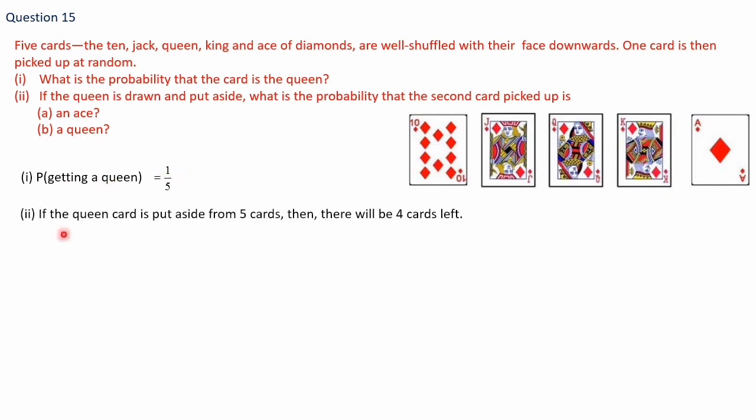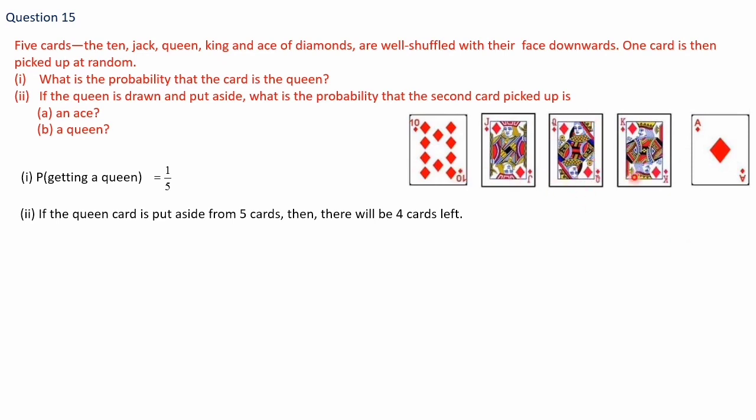Next, if the queen card is put aside from 5 cards, then there will be 4 cards left. As per the question, if the queen is drawn and put aside, you are taking a queen and just keeping it away. What is the probability that the second card picked up is an ace or a queen? So here there are 5 cards and from here you have taken one queen and you are not keeping it back, you have taken it away.